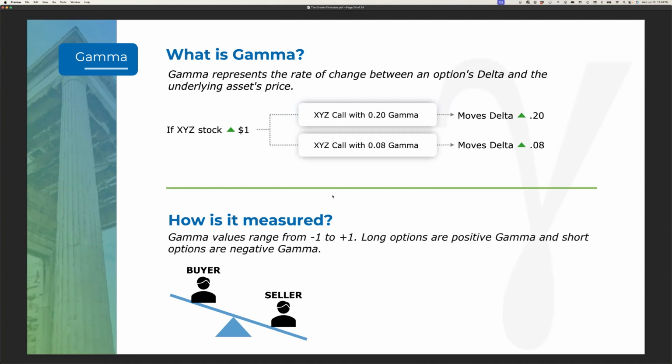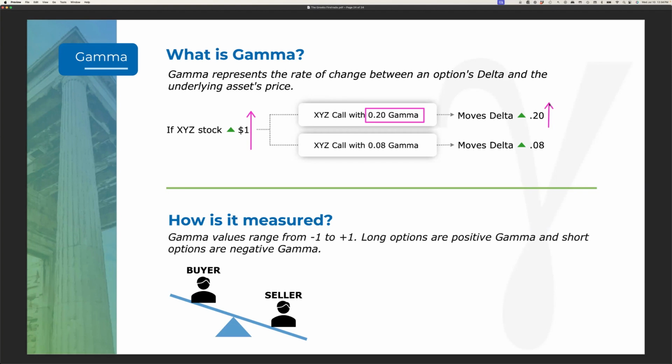So gamma represents the rate of change between an option's delta and the underlying asset's price. So if you have stock XYZ, and you have a call option that has a gamma of 0.2, what that means is that for every $1 that the stock moves up by, your delta is going to increase by 0.2, right? So delta tells us the sensitivity we have to the underlying security.